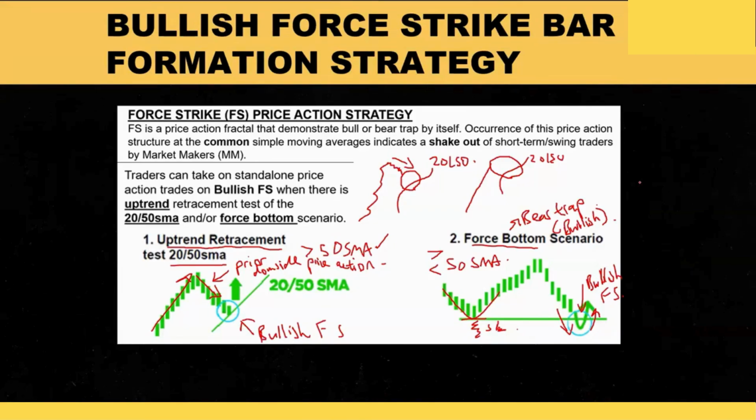Understand? Okay. So take note: uptrend retracement context, price action must be above the 50 SMA. False bottom context, the entire formation does not need to be above or below the 50 SMA. It can be anywhere, above or below, doesn't matter. These are the two contexts that we're going to look out for to use this strategy.